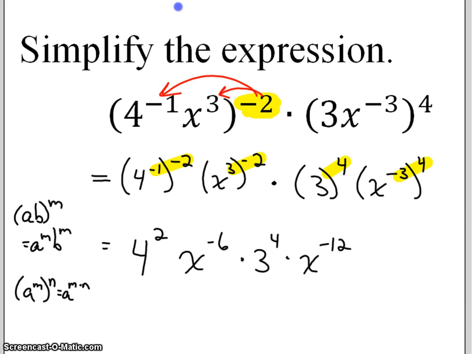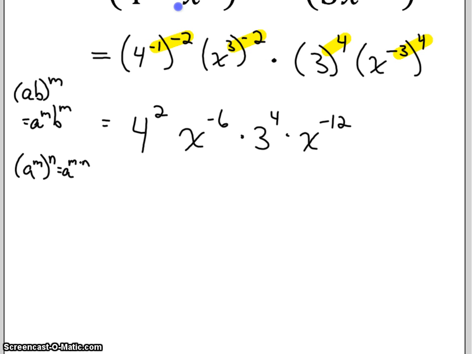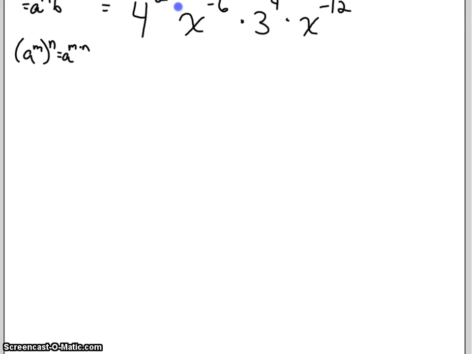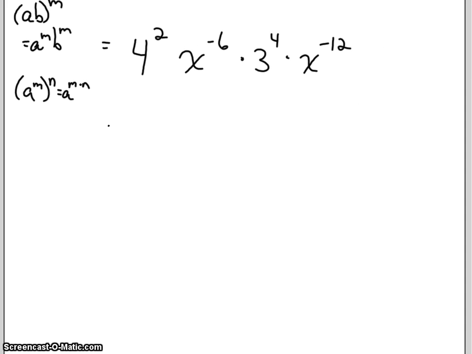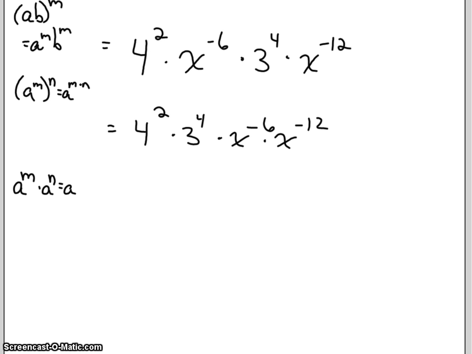Okay, now there's actually 2 ways that you can proceed here. Let's put everything together, since this really means we're multiplying 4 different factors here, and group things accordingly. Now there's also a property that says a to the m times a to the n equals a to the m plus n.